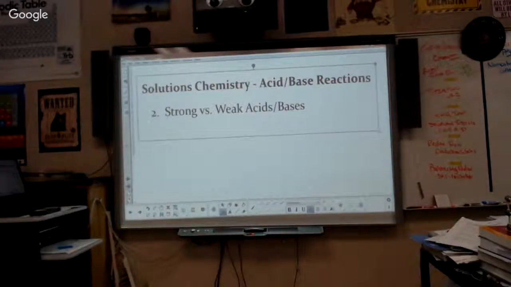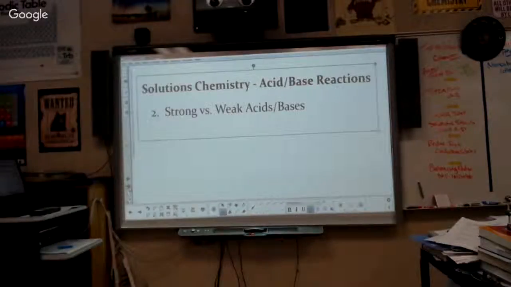So what do I have more of in here? Think about limiting reactants, excess reactants. What do I have more of in here? A little bit more hydrogen, right? A little bit more.